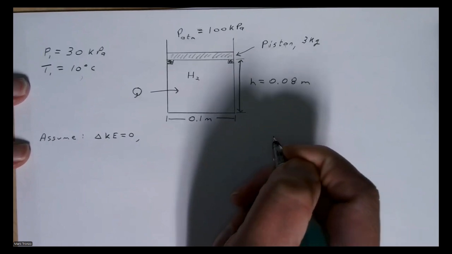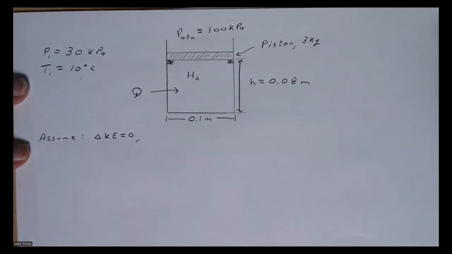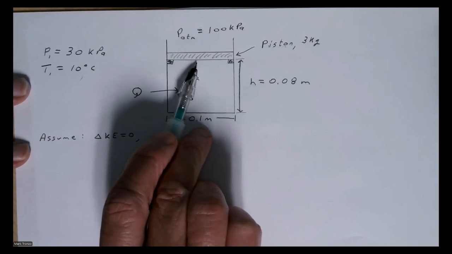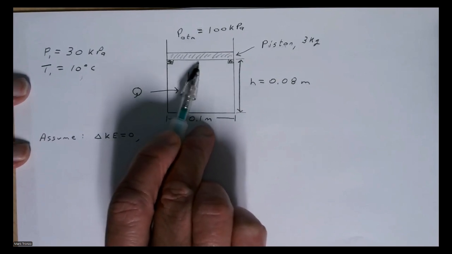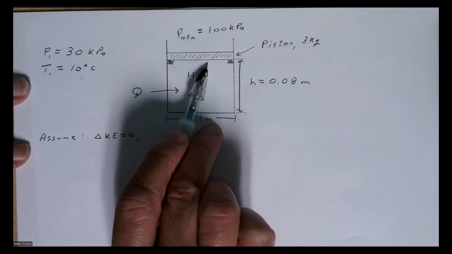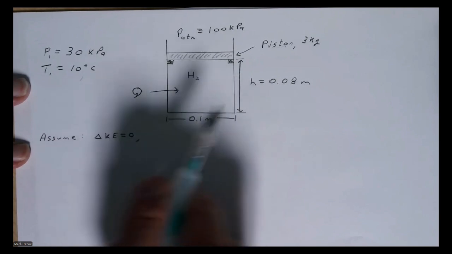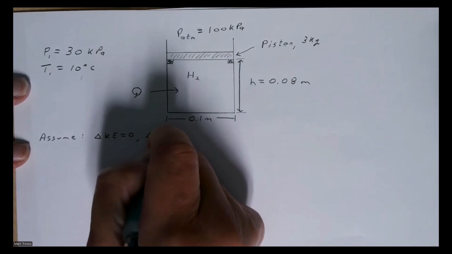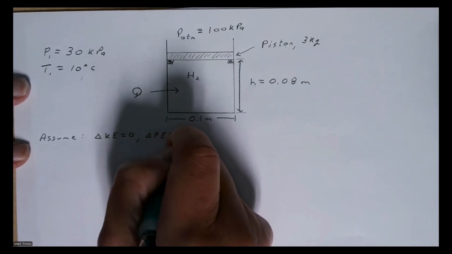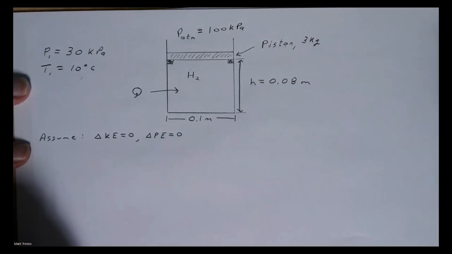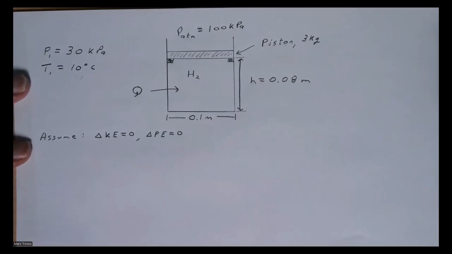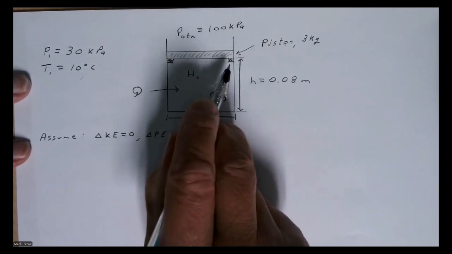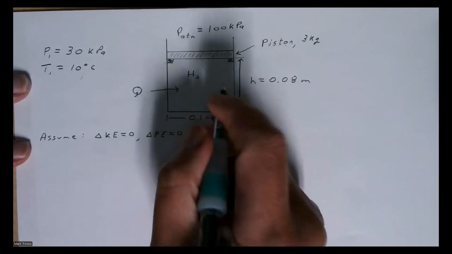And also, there's no major change in height of anything. Yeah, maybe this gas will expand a little bit, but we just want to know when it's going to lift the piston off. So there's really no change in elevation. So we can say the change in potential energy is going to be 0.